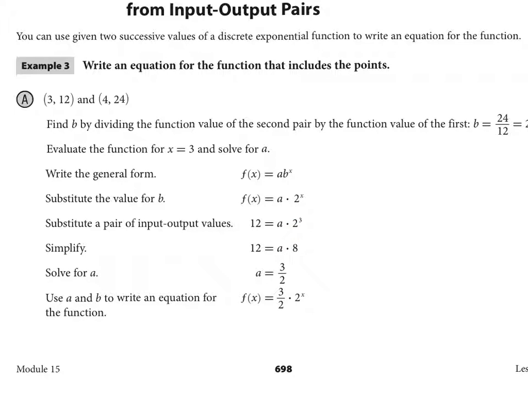We simplify and work this problem out. We get a is 3/2. So a is 3/2, b is 2, and now we can put x back in, and now we have our exponential function. Something else to point out again, since b is 2, a positive value above 1, then this function would be an increasing function.